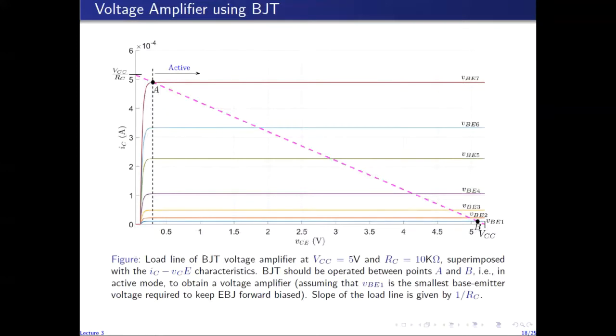So here I show the load line of the voltage amplifier superimposed on the IC VCE characteristics. So the load line has been obtained for a VCC of 5 volts and a collector resistance of 10 kilo ohms.